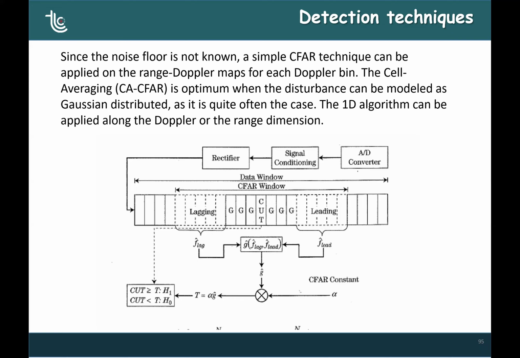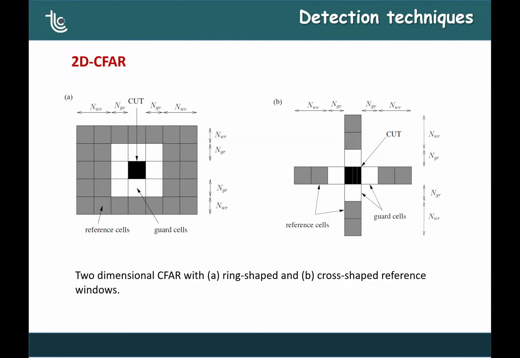The easiest one is the CA-CFAR. CA-CFAR is the cell averaging. Since I don't know exactly what you know about this kind of CFAR detection, I have added some slides, very few actually, so we can summarize the principle of this kind of detection. So let me explain just this, and then I go back.